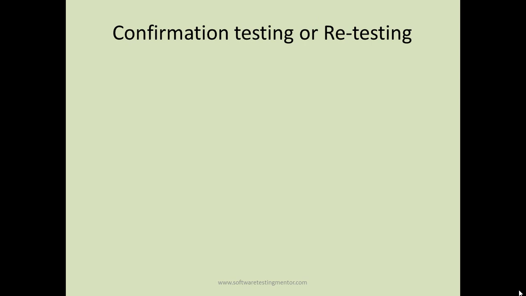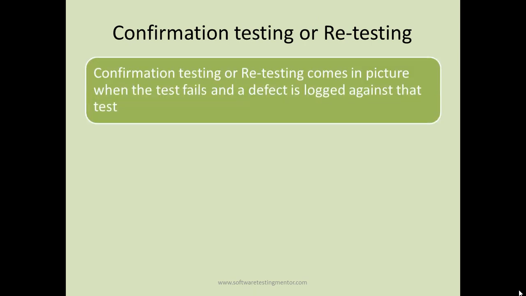Confirmation testing is also known as retesting. Confirmation testing or retesting comes into the picture when a test fails and a defect is logged against that test. Whenever a tester is testing software and finds that a test has failed, he raises a defect against that test.